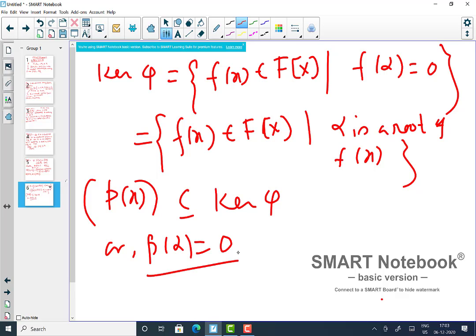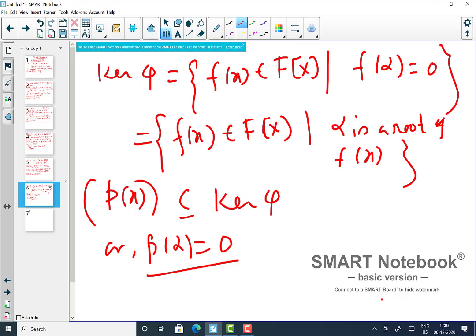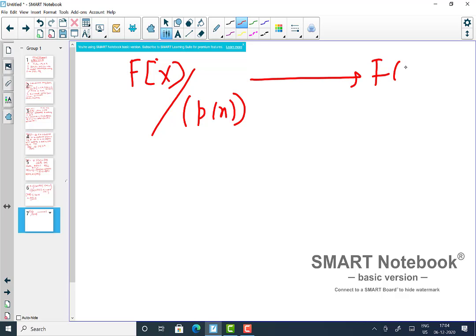Obviously, when you quotient out by something which is inside the kernel, you have an induced map, right? So this is the induced map from F[x] mod the ideal generated by p(x) to F(alpha). Why does such a thing exist?